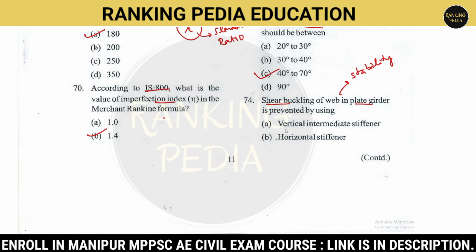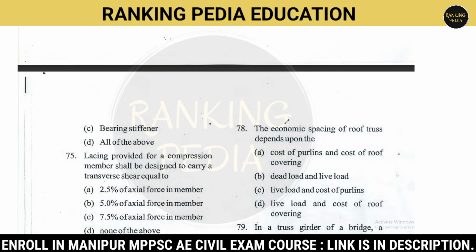Shear buckling of a web in a plate girder is prevented by using vertical, or you can say transverse, intermediate stiffeners. Option number A is correct, because vertical intermediate stiffeners are used to prevent shear buckling of the web.